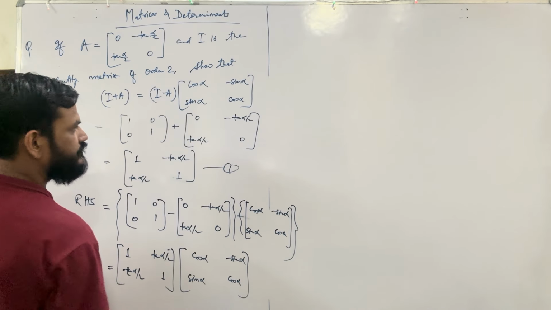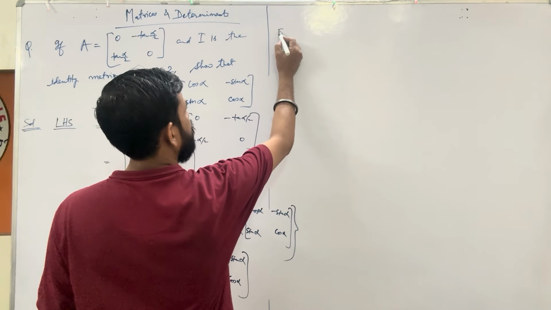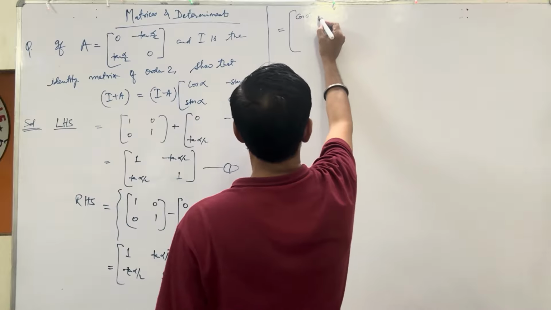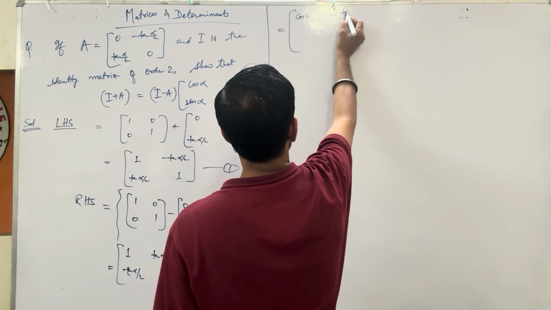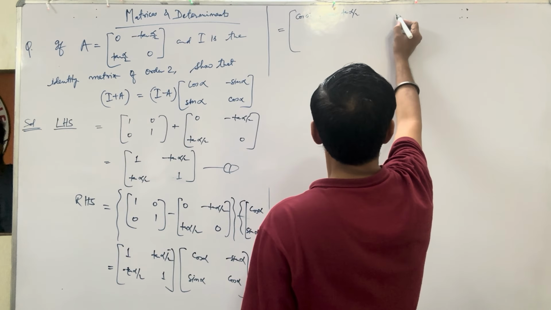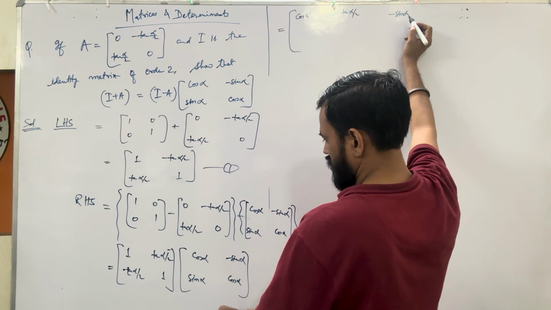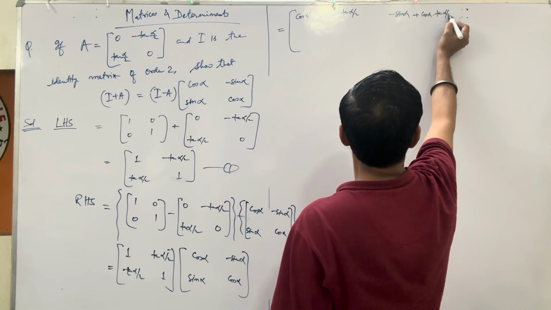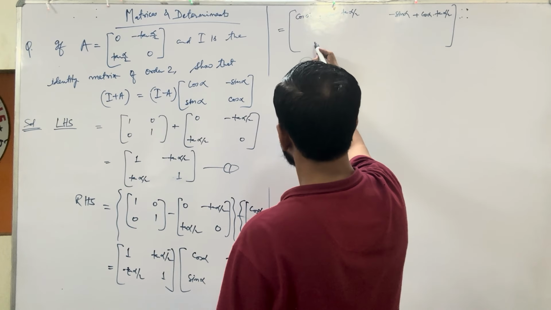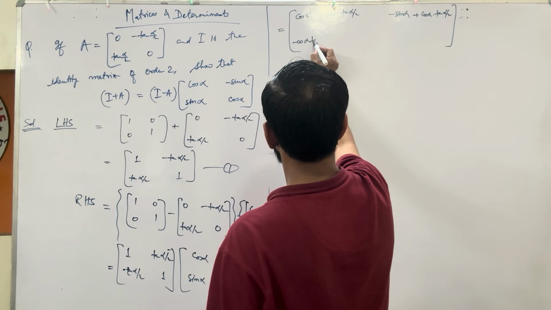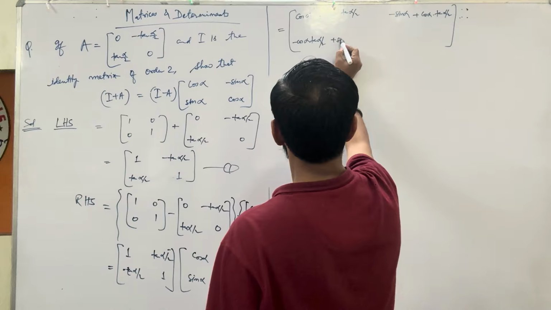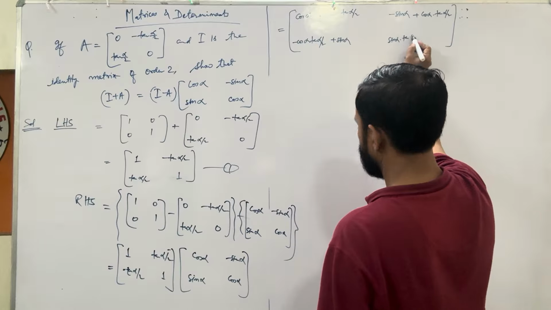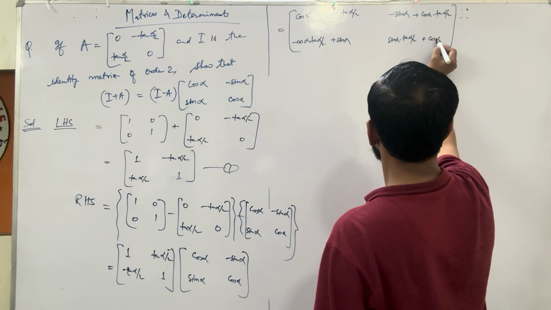Now we'll multiply it, and then we will get cos alpha, row multiplied to column, plus sin alpha into tan alpha by 2, then minus sin alpha plus cos alpha into tan alpha by 2, and then minus cos alpha into tan alpha by 2 plus sin alpha, and then sin alpha tan alpha by 2 plus cos alpha.